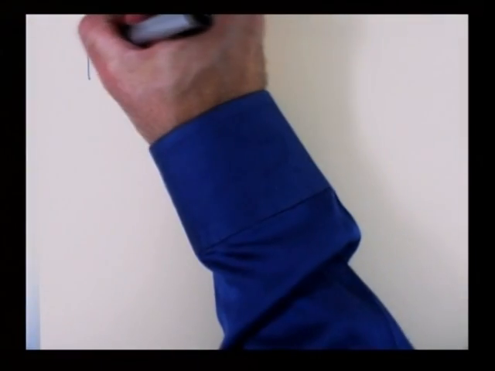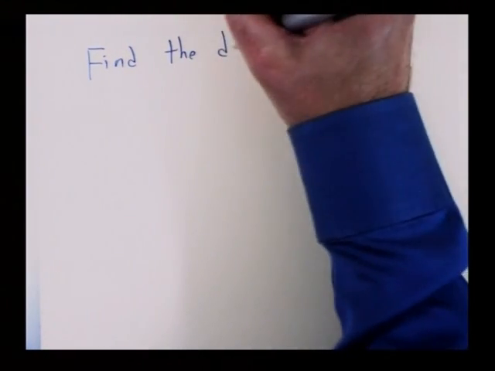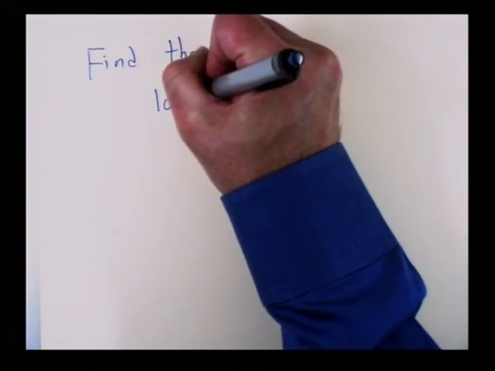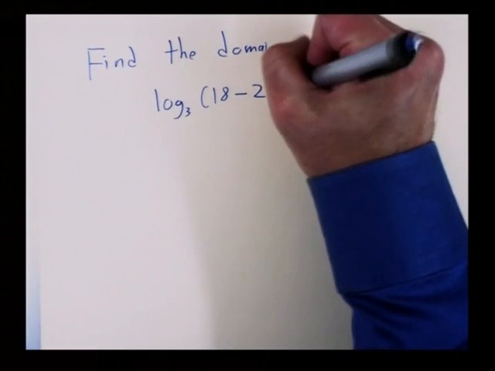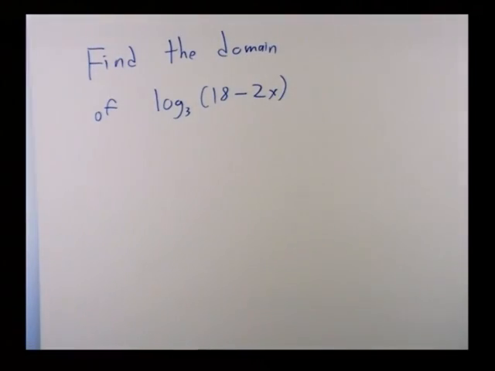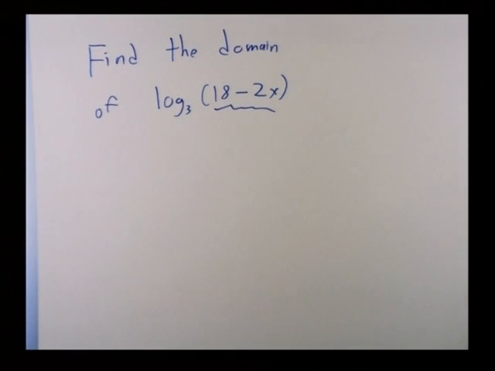Given this information, let's find an explicit domain. What if I want the domain of something a bit more complicated? Let's ask for the domain of the base 3 log of 18 minus 2x. All we think about is this. There's something here inside of a logarithm, and I know that must be positive.